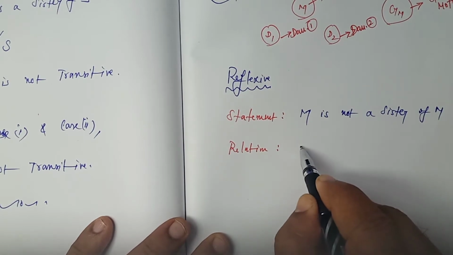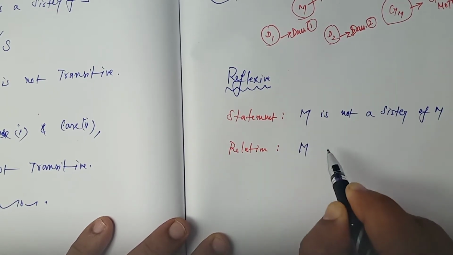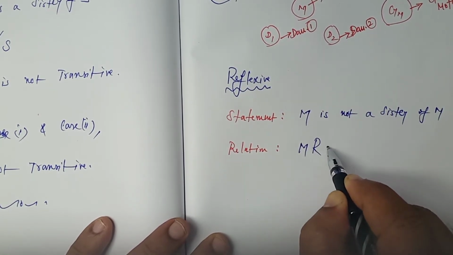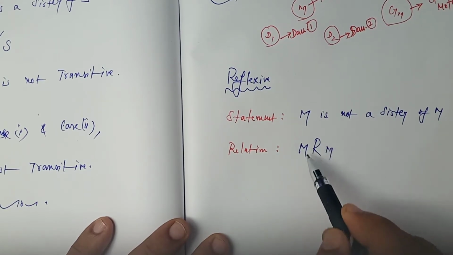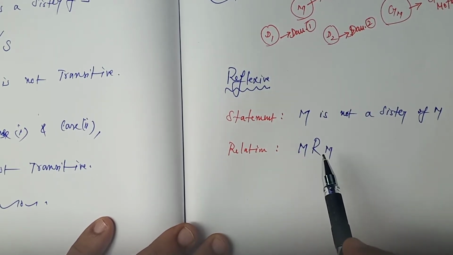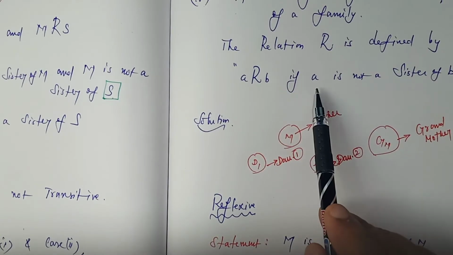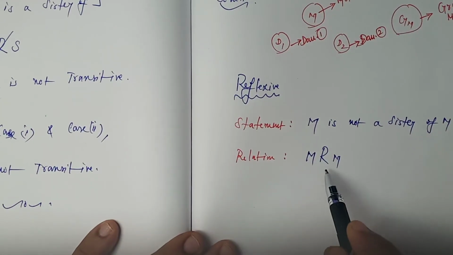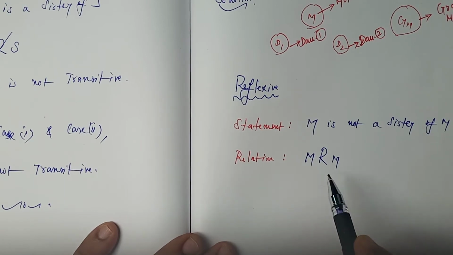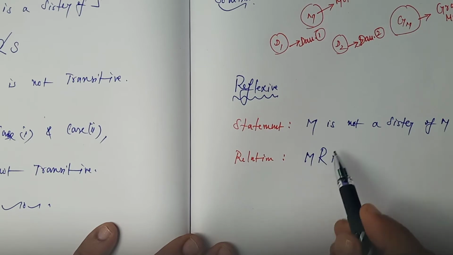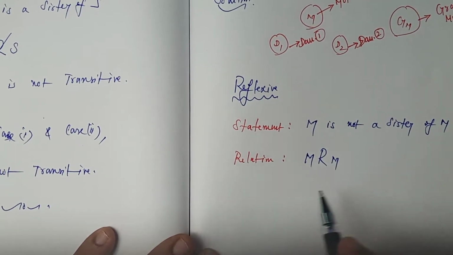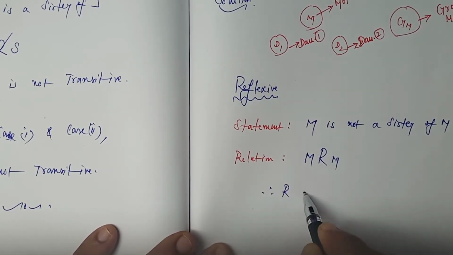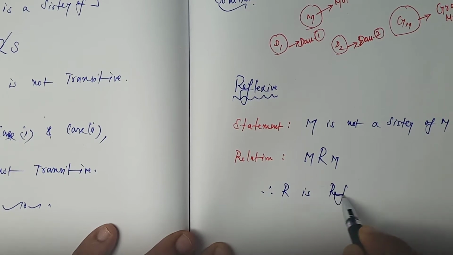Therefore, M is related to M. This "R" refers to the given statement being true. If the given statement is false, you have to mention "not related to". Therefore, R is reflexive.